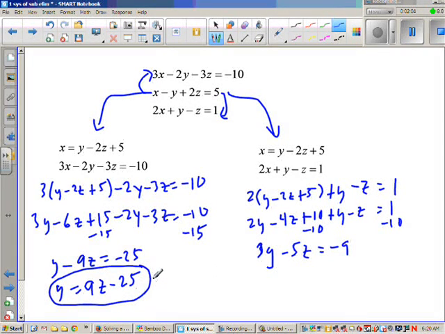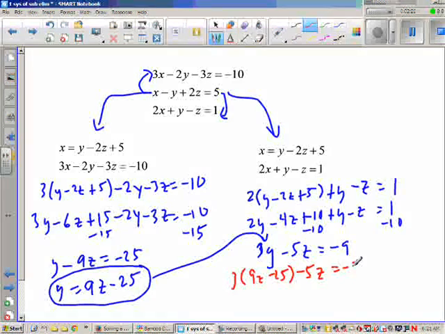As I had from before, I'm going to plug in this y, doing some more substituting here. And this gives me 3 times 9z minus 25 minus the 5z equals negative 9.